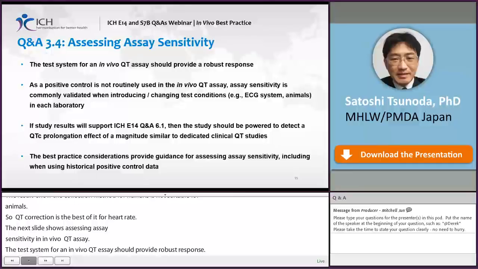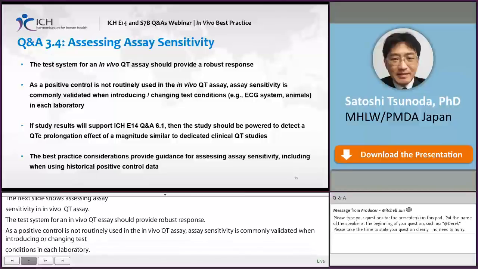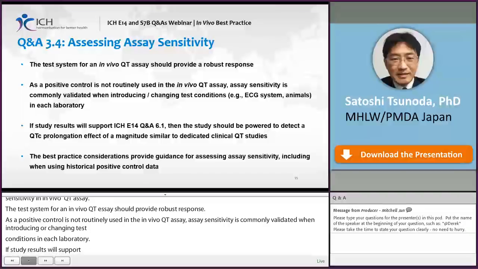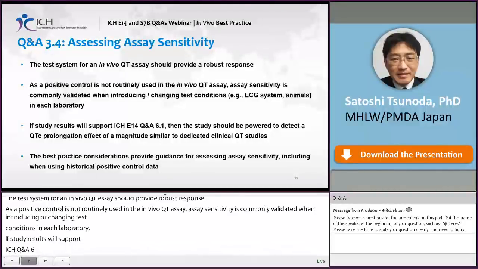If the study result will support ICH Q&A 6.1, then the study should be powered to detect a QTc prolongation effect of a magnitude similar to dedicated clinical QT studies.